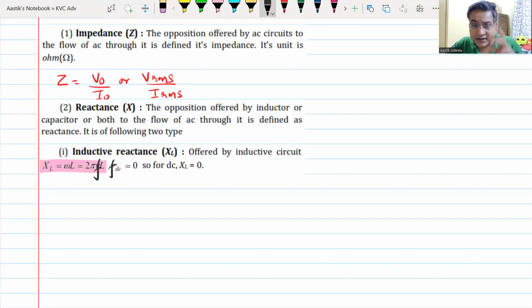You had seen initially it behaves as open circuit, but then it behaves as if it is not present. Do we remember the last class? We had discussed this in the last class.